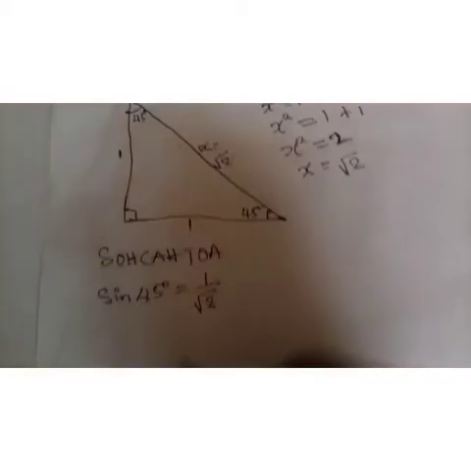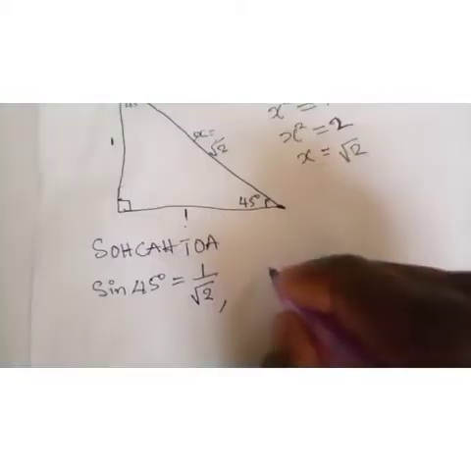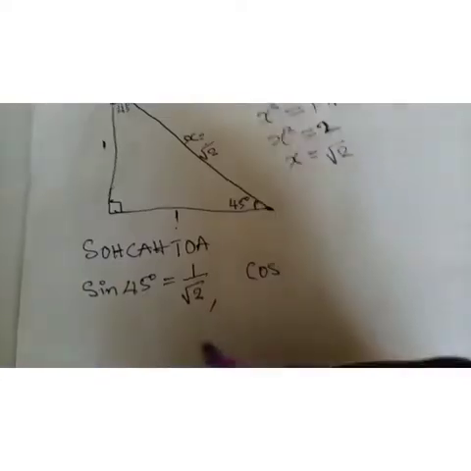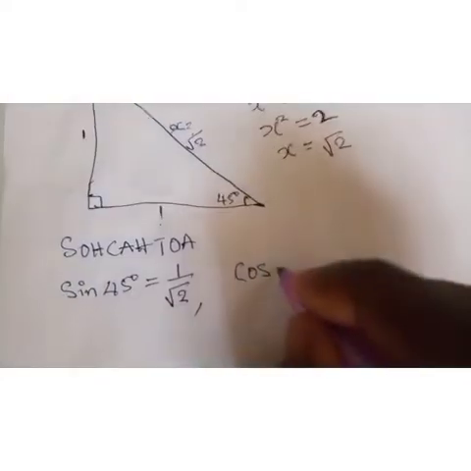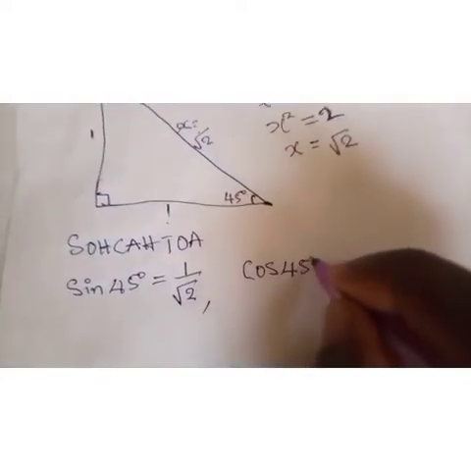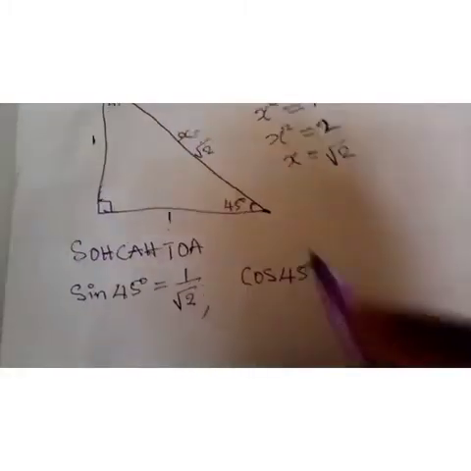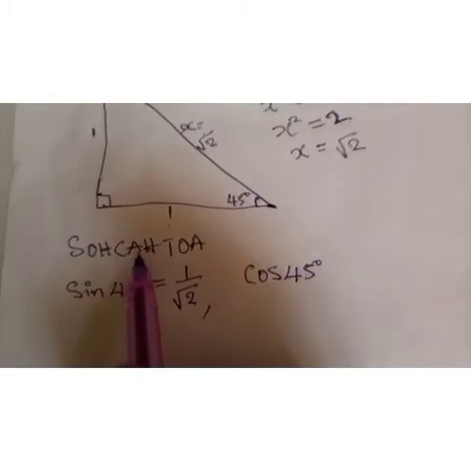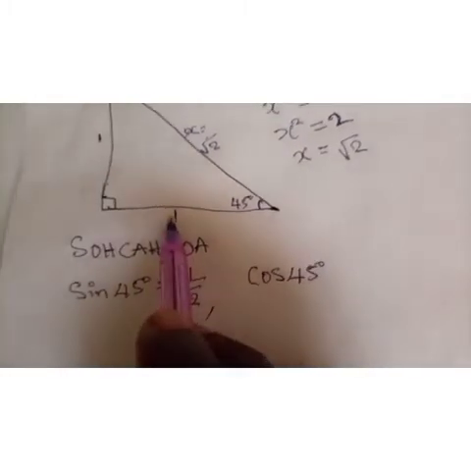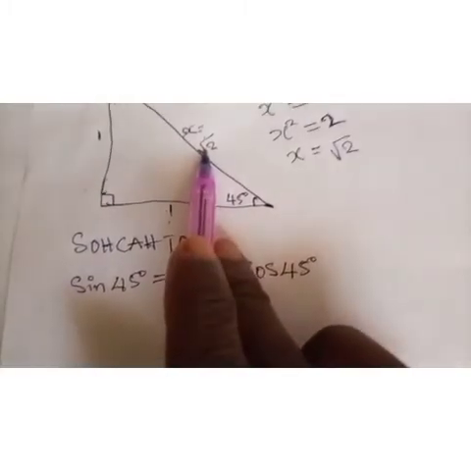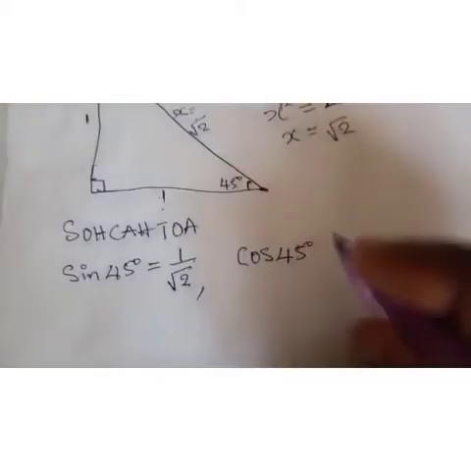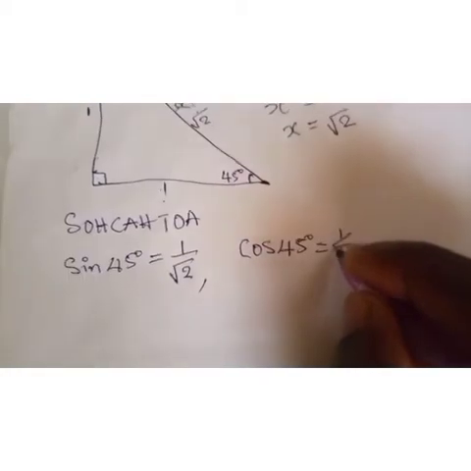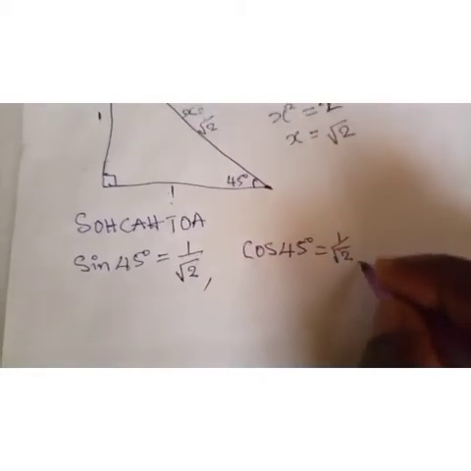Okay, and then we have cos 45 degree. Cosine is adjacent over hypotenuse, and the adjacent is 1, the hypotenuse here is root 2. So it's the same thing as 1 over root 2.